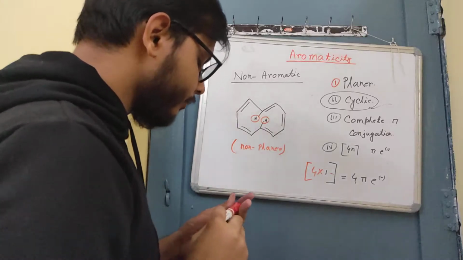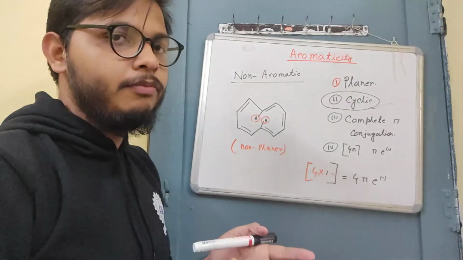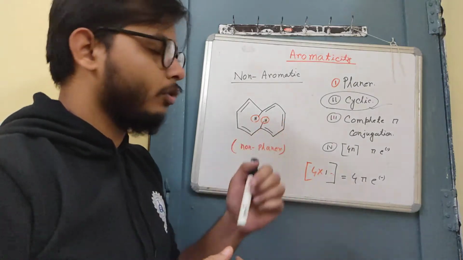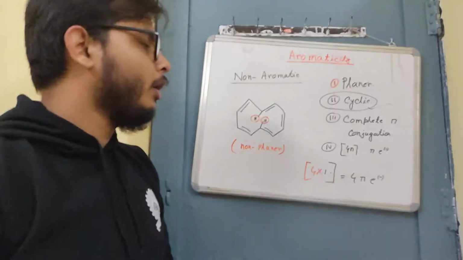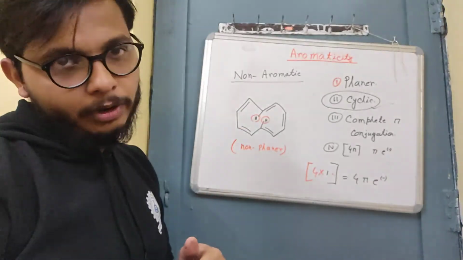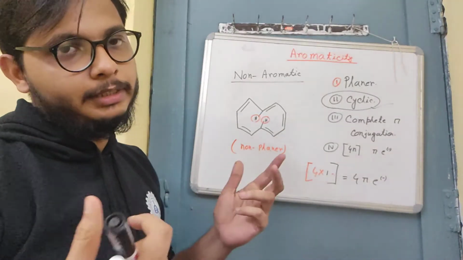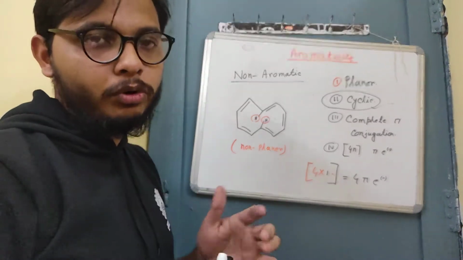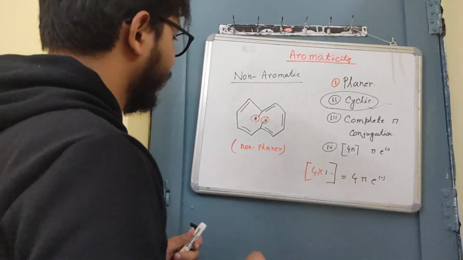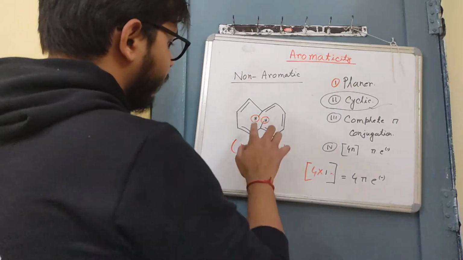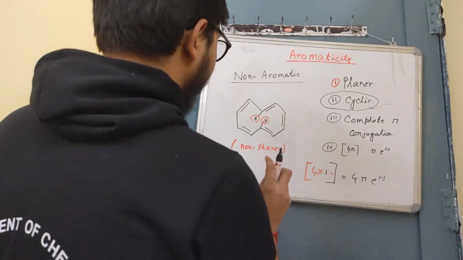Okay, so if we try to convert this non-aromatic molecule to an aromatic molecule, what should we do? We should remove the two hydrogens, right? If we remove the two hydrogens, there will be no repulsive force, and the molecule will be planar. So if we remove the hydrogens, this molecule will be aromatic.